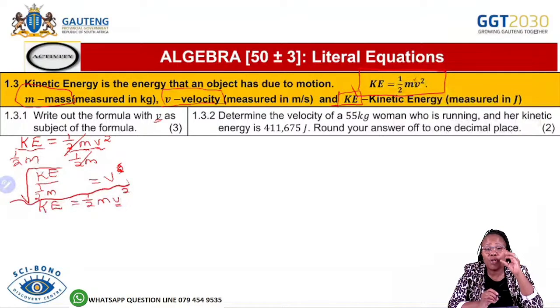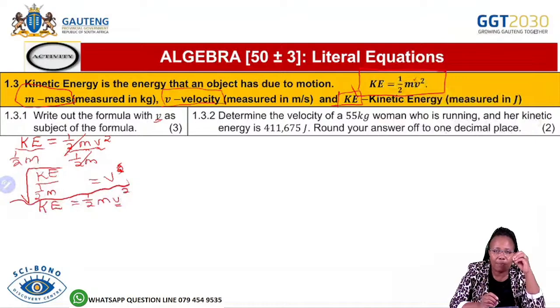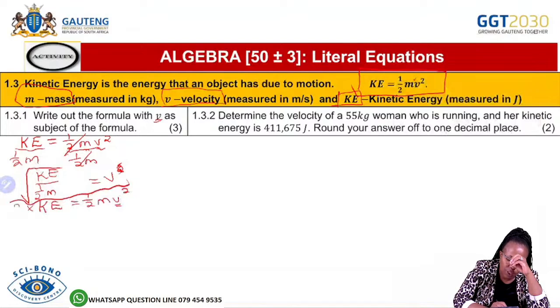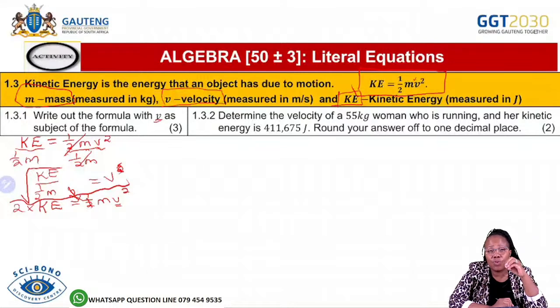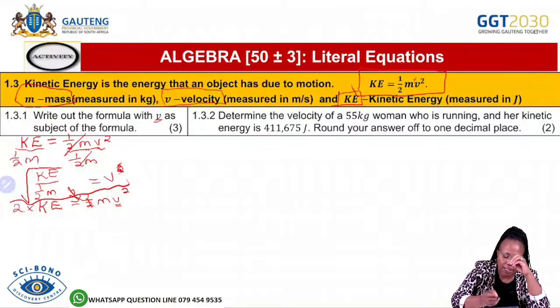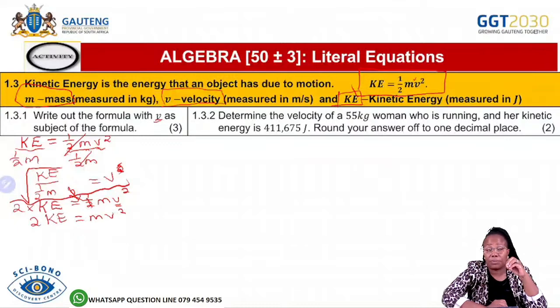So your target will be removing a half. If we multiply by 2 here, and also multiply by 2 there, these 2 will cancel the 2 from the denominator there. So you'll be left with mv squared on the right hand side. On the left hand side, we have 2 kinetic energy.